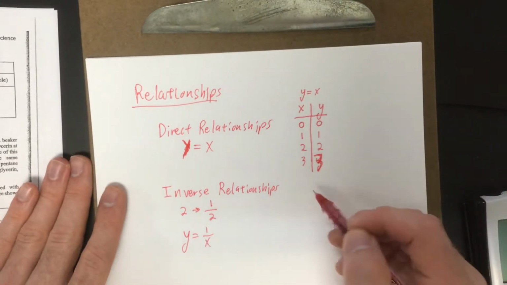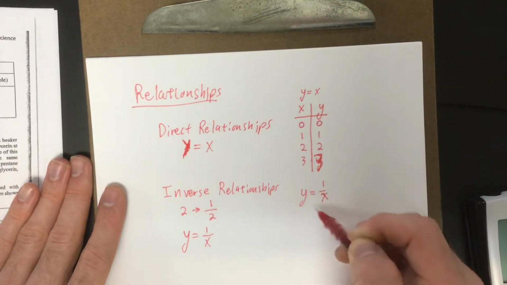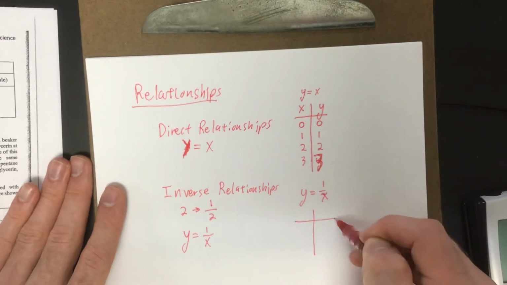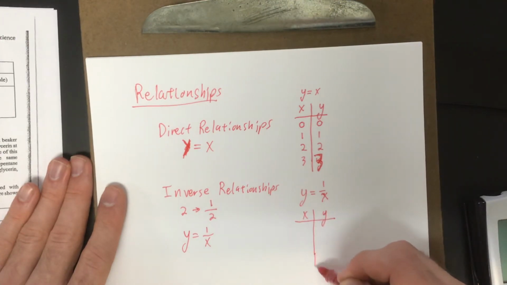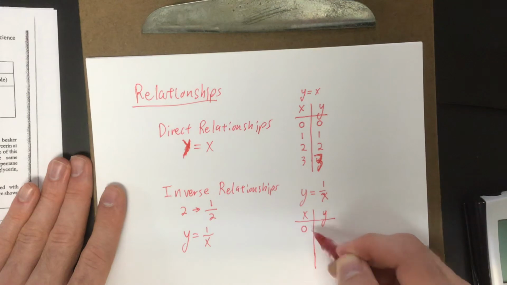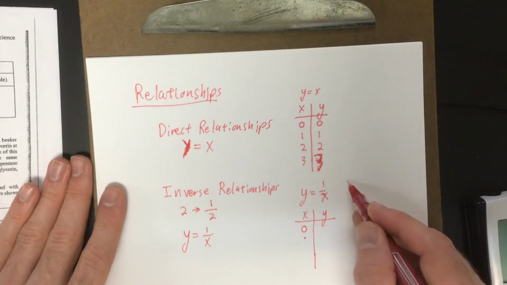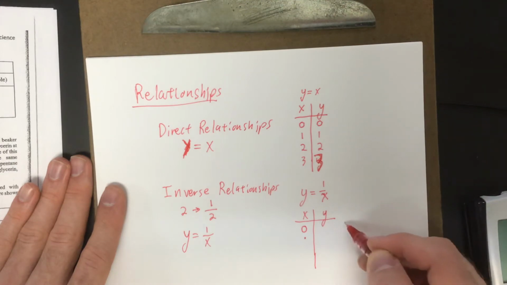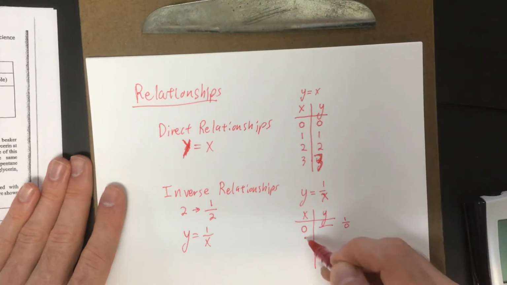Now, when we do this formula, y equals 1 over x, we have this inverse relationship, x and y chart, 0. We have 1 over 0, let's do the math over here, 1 over 0, uh-oh. We don't like that number, that's undefined.